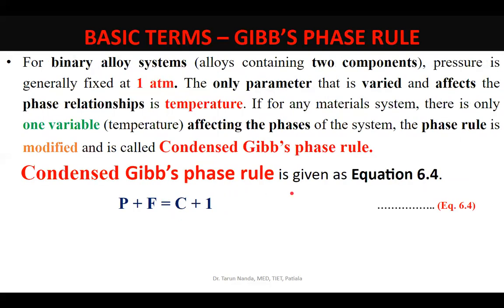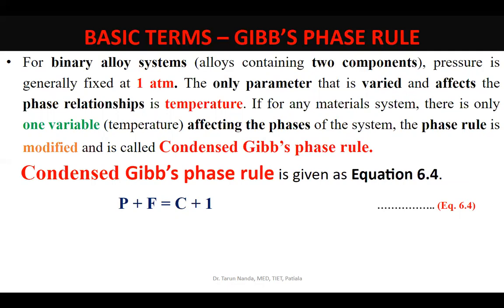Now students, let us come to the binary alloys with which we deal most often. In case of binary alloys, you'll see the processing generally takes place under atmospheric pressure conditions. The pressure is fixed at 1 atmosphere, and the only external variable that is affecting the phase relationships in the system, which is making a change in the phases present in the material system, is temperature.